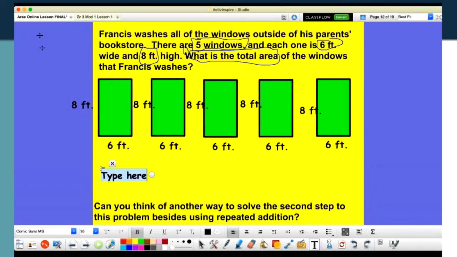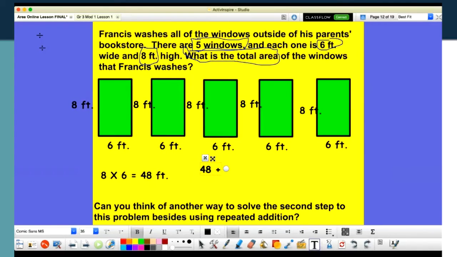In order to do that, I'm given my side length times my width. And I know that 8 times 6 is equal to 48 feet. So the area of one window is 48 square feet. So to find that for 5 windows, that would be kind of like repeated addition.